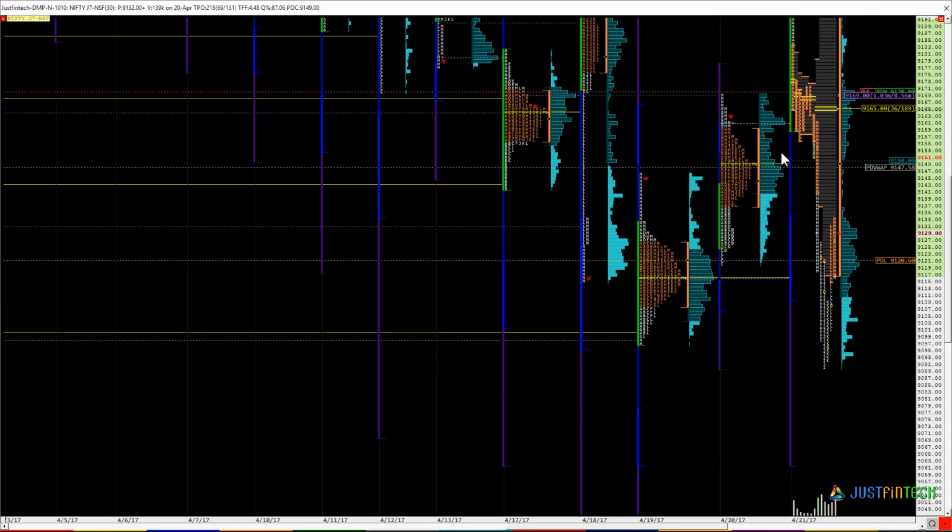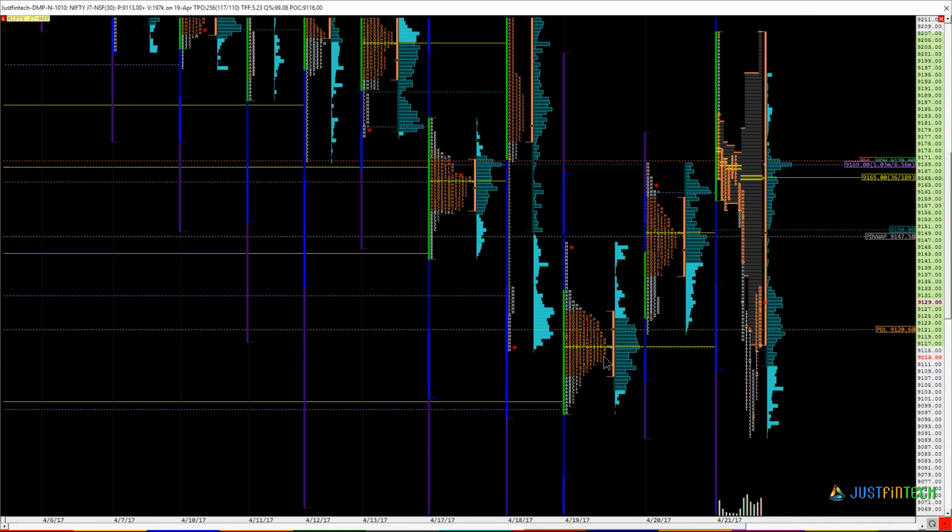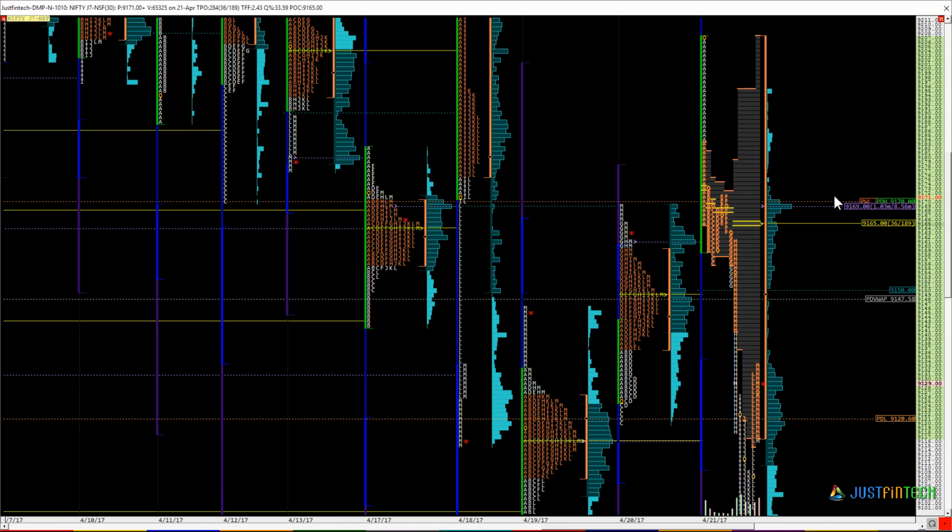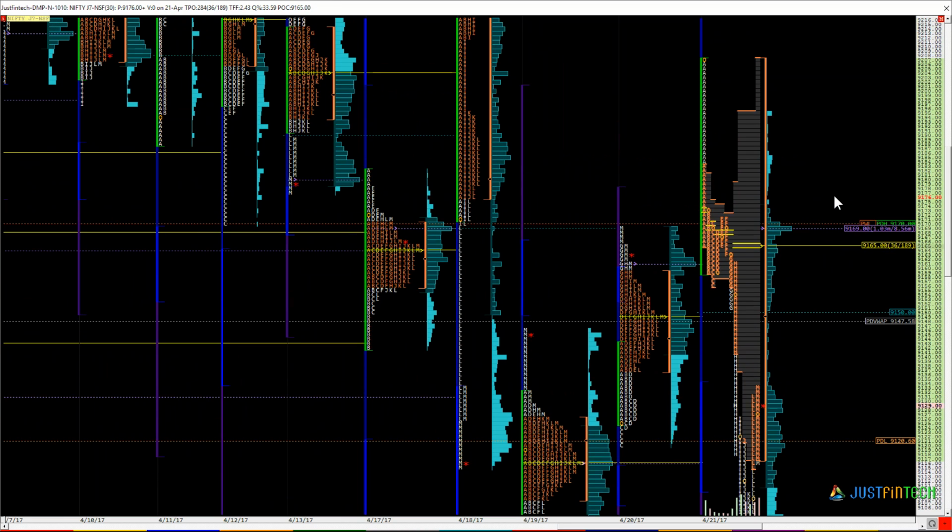Now let's get into the daily composite micro profile chart. So here we had a nice gap up open and a drive down. So we had an open high outside of range, and when it's outside of range, most of the times it holds on.